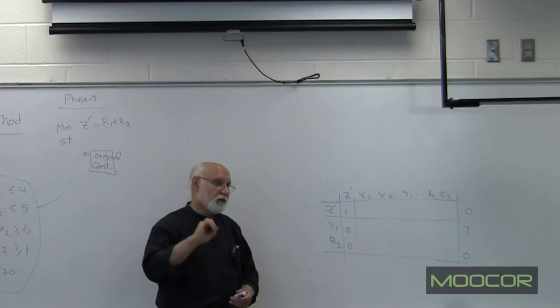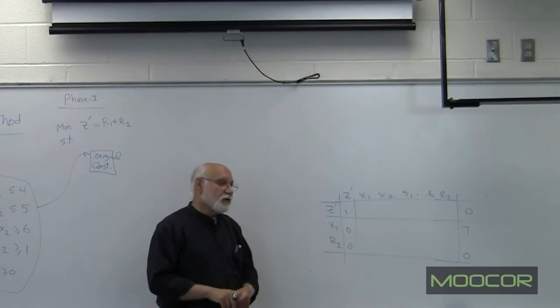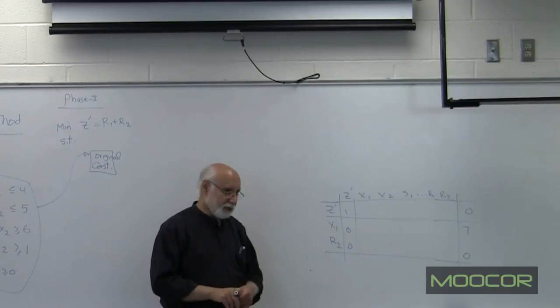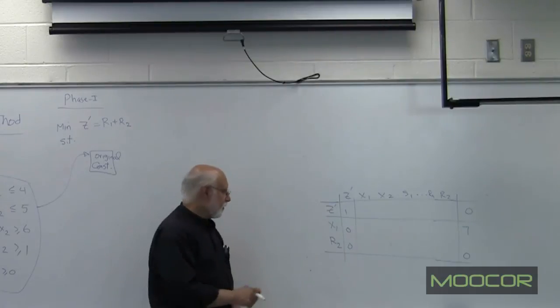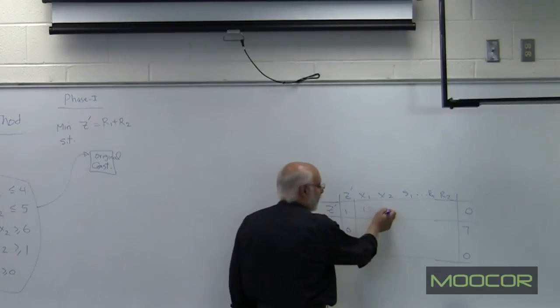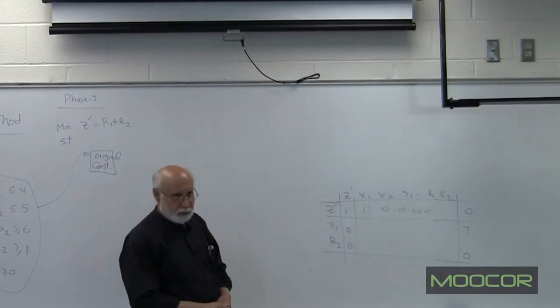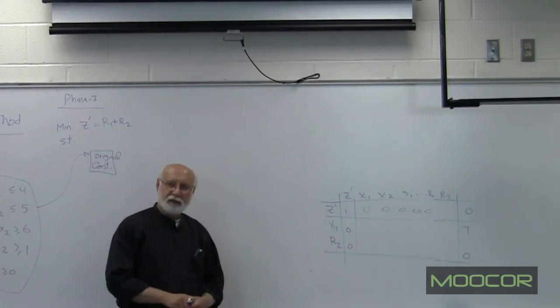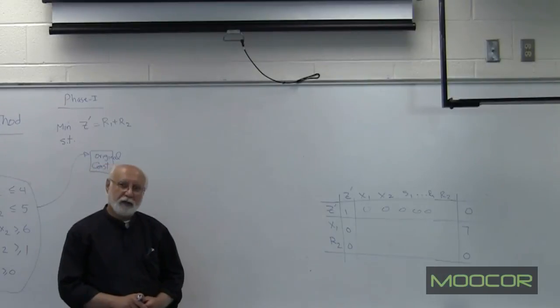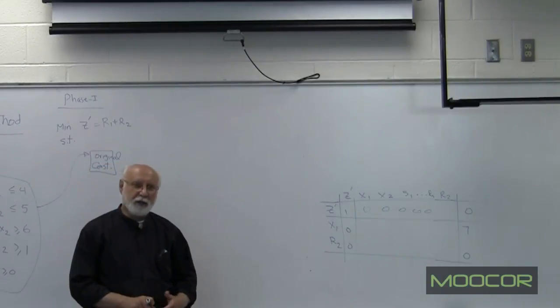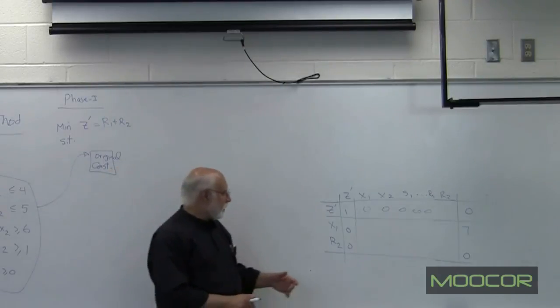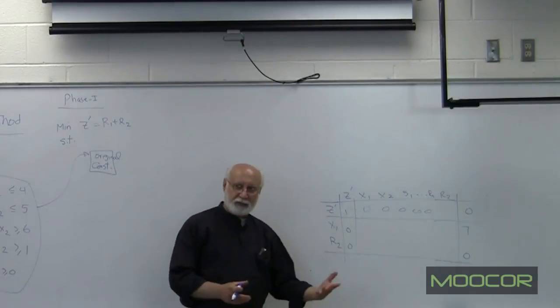Or this is what you can actually do. Remember, all these numbers are going to be 0. What does that mean? Think about it for a second. Is x2 a basic variable?